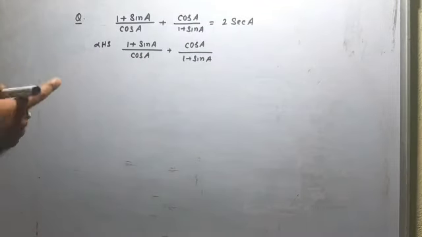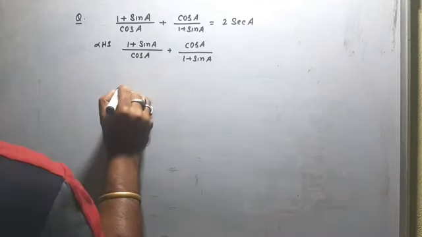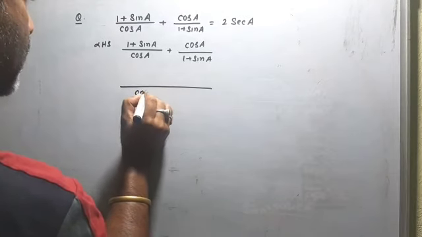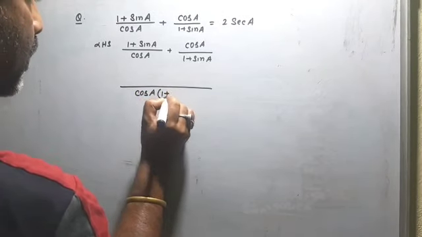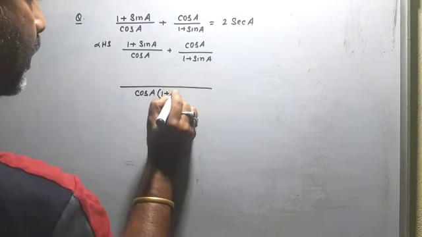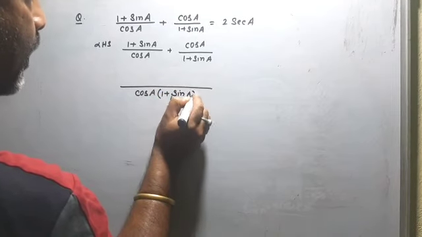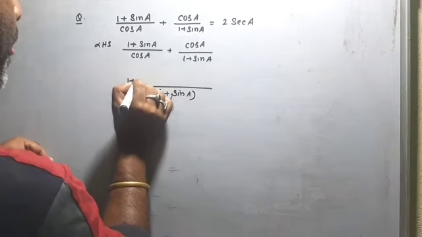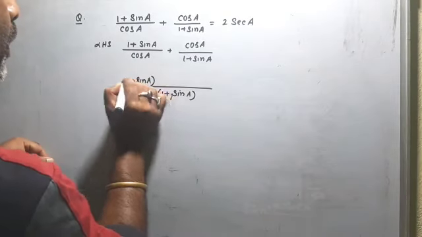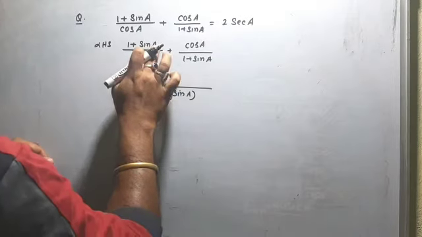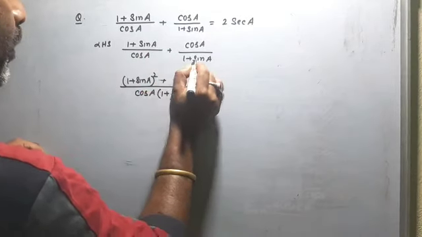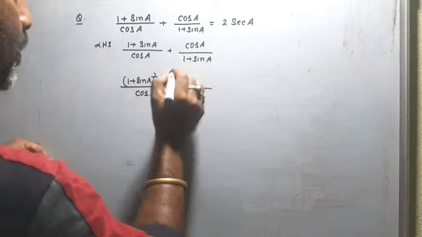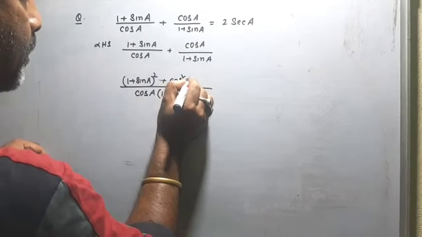So what is the LCM? LCM is cos a into 1 plus sin a. So here cos a cancel, so 1 plus sin a whole square, because this 1 plus sin a and 1 plus sin a whole square, and here 1 plus sin a cancel, so cos into cos square a.